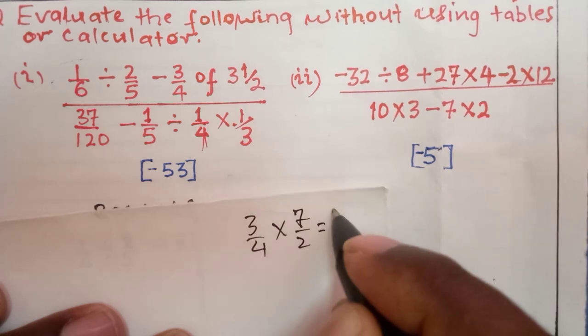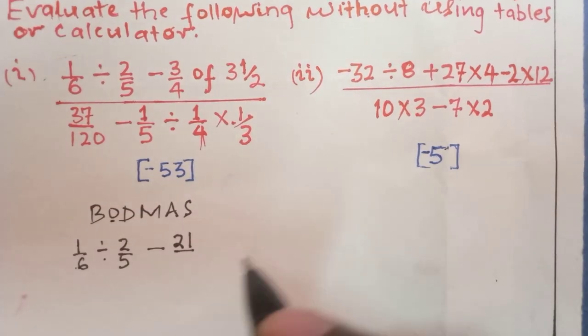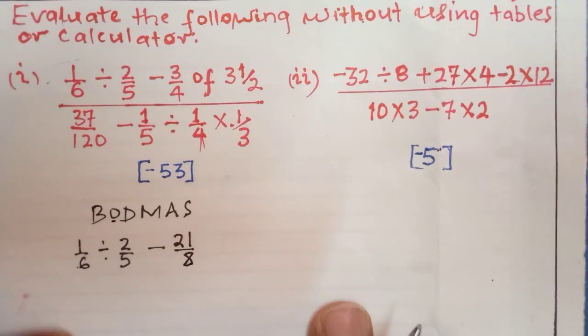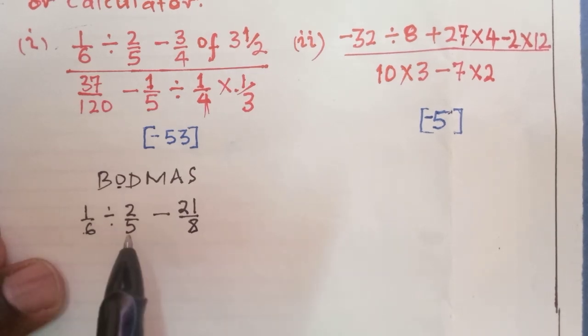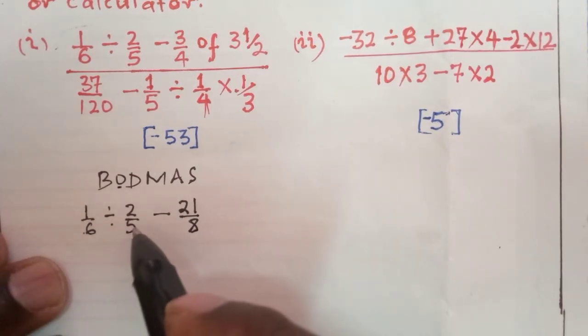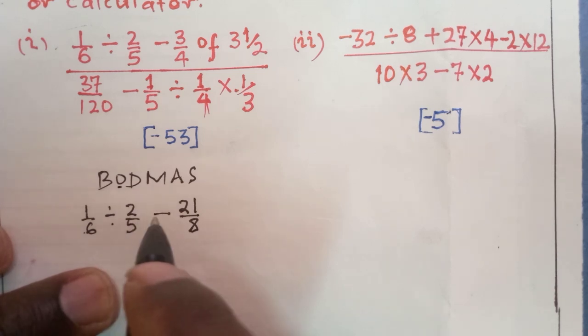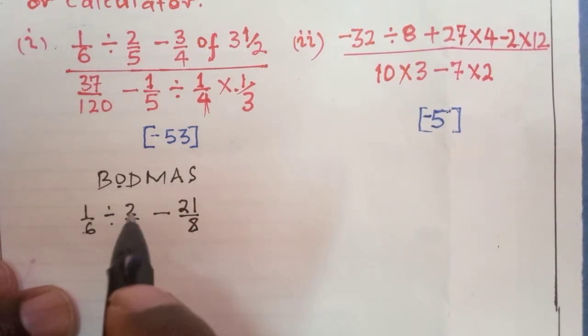So this one we get 21 all over 8. So that's what I will write here, 21 all over 8. I continue, guys, with now division. For the division, I invert or I find the reciprocal of this number, 2 over 5, which we are going to have as 5 over 2.